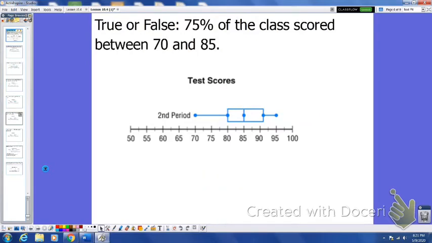Okay, so true or false? 75% of the class scored between 70 and 85. All right, so let's find our 70 and our 85. So I just label these real quick.